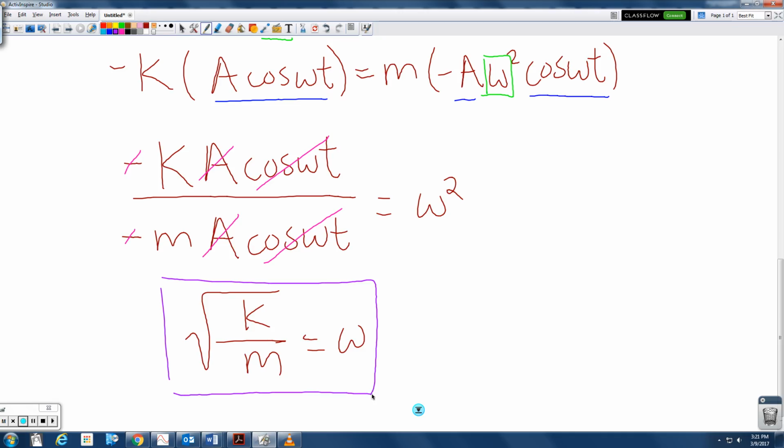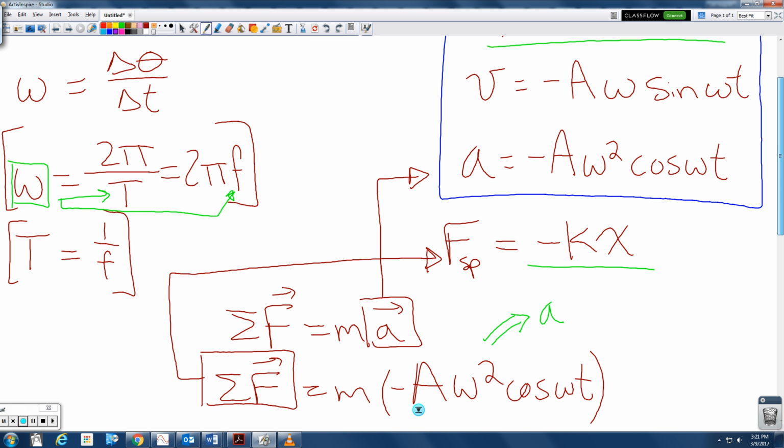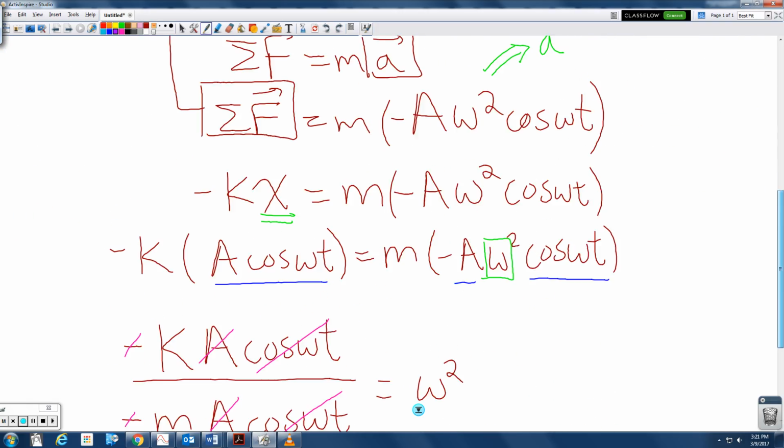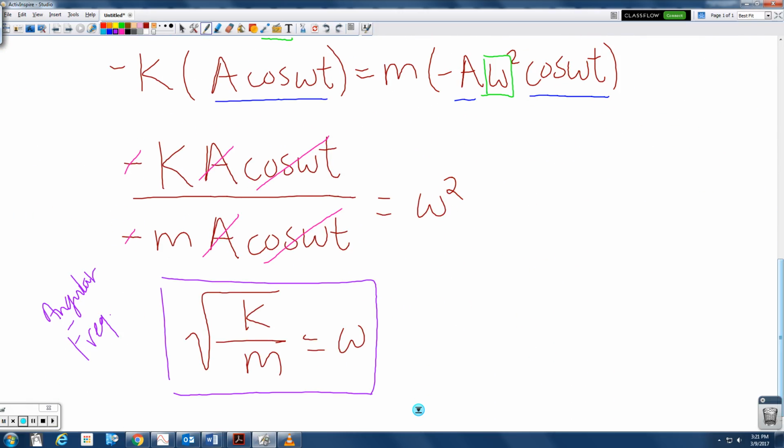Now how can I relate this to period? We can scroll back up and remind ourselves that omega, over there on the left in the green, is equal to 2 pi f, or 2 pi over T. So this is also equal to 2 pi f.